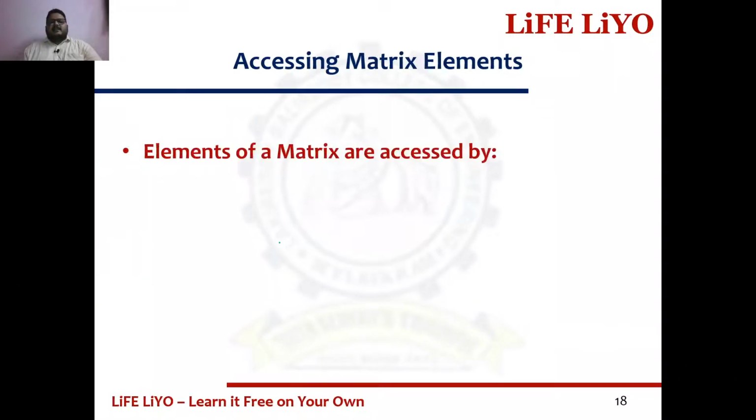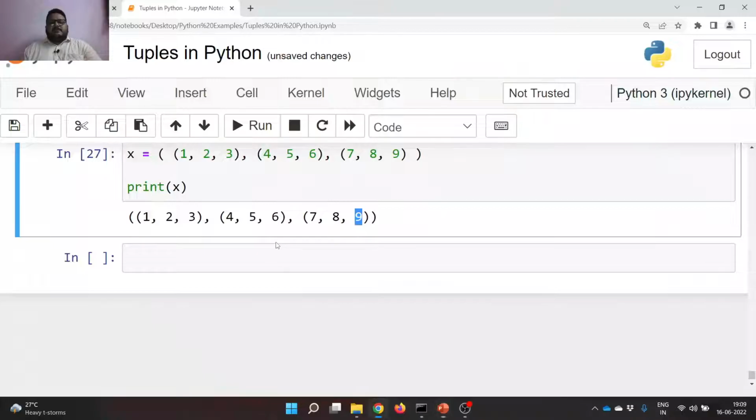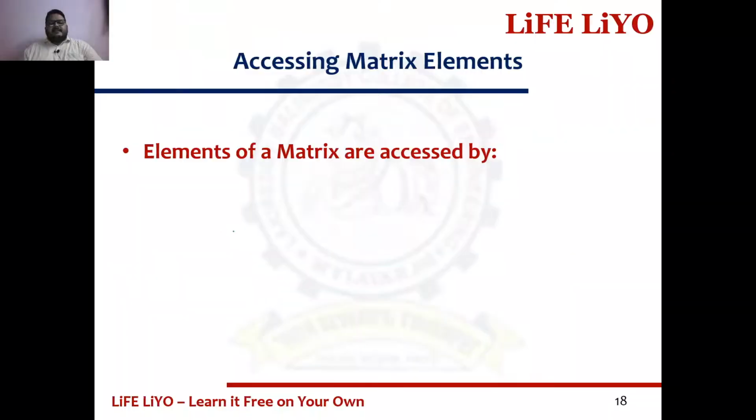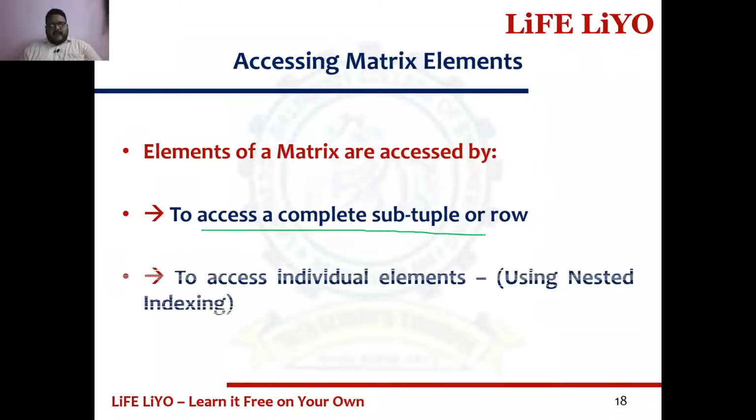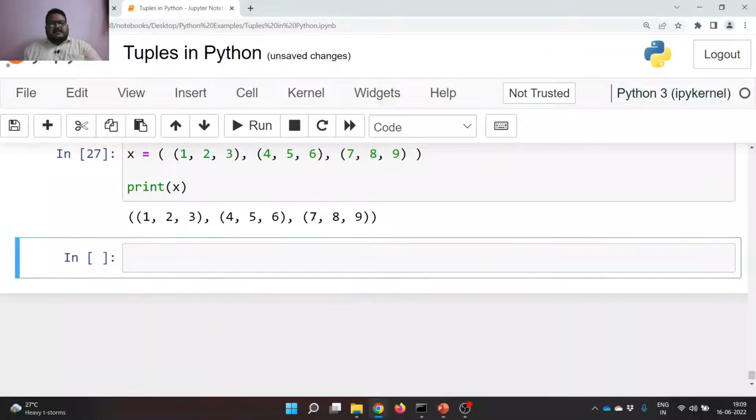How to access elements of the matrices when tuples are created? We can access these in one way, the entire respective inside tuple, that is the nested tuple, and in another way, individual elements. If you want to access this subtuple, what is the index of the tuple?